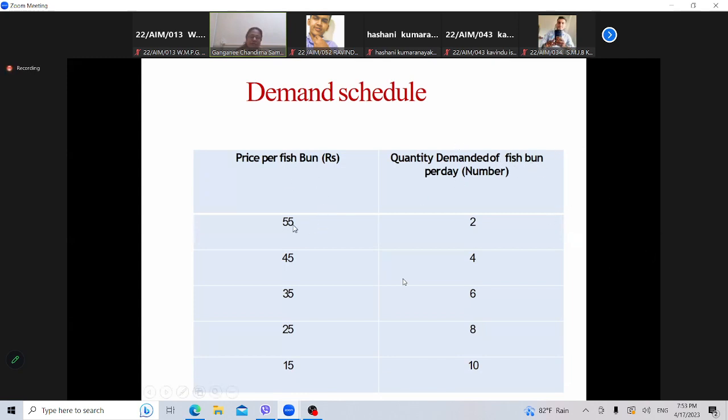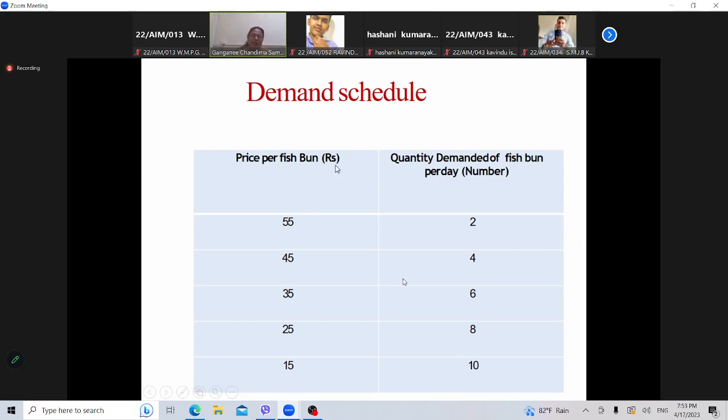You can see when prices are high, quantity demanded is low. When price is gradually decreasing, the quantity demanded is gradually increasing. That means an inverse relationship between price and quantity demanded.